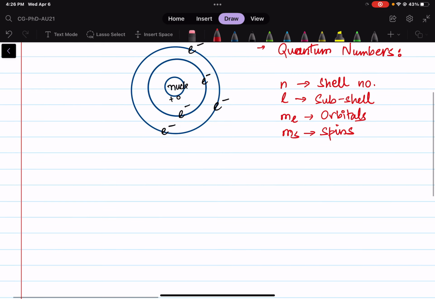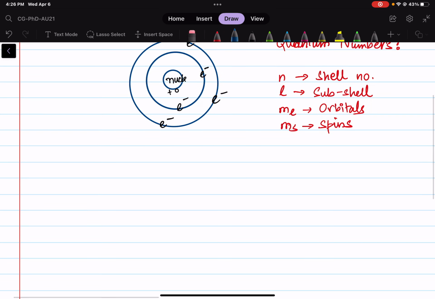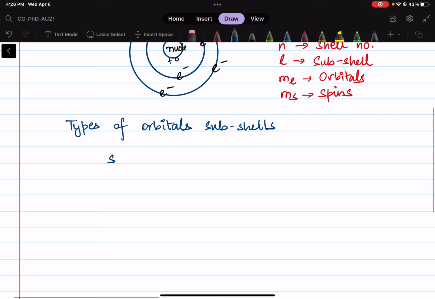So what we studied using this is the types of orbitals or subshells: you could have either s, p, d, f.